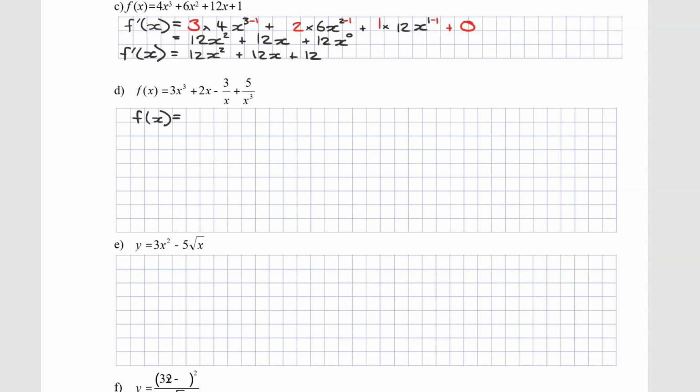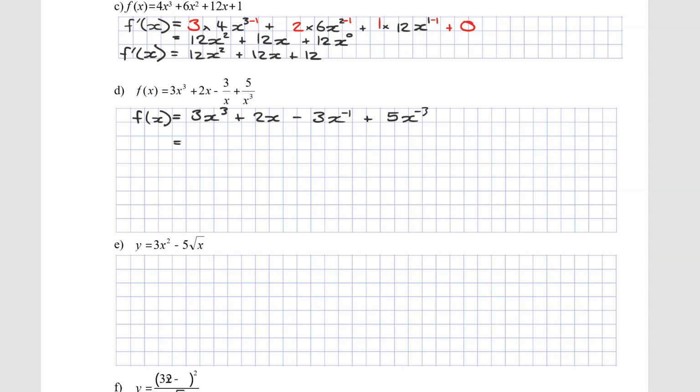So I'm going to rewrite this as f of x equals 3x cubed plus 2x minus 3, and then I'm going to grab the x down here, bring it up here, and say it's to the power of negative 1. Similarly for the 5, I'm going to grab the x and say it's not 3 but negative 3.